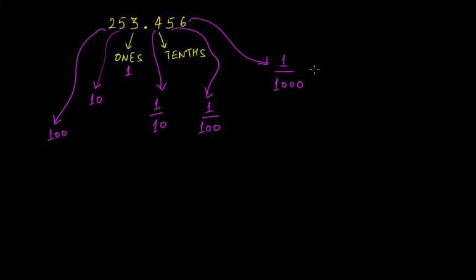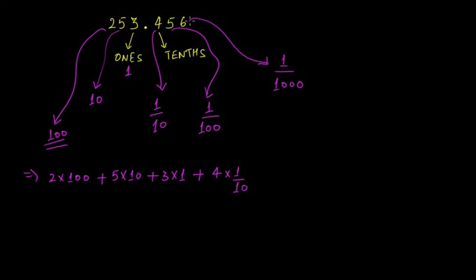And therefore this number can be written as, this is 2, the multiplication factor is 100, plus this is 5, the multiplication factor is 10 because it is at tens place, plus this is 3, it is at ones place, the multiplication factor for ones is 1, plus this is 4, the multiplication factor of the tenths place is 1 over 10.